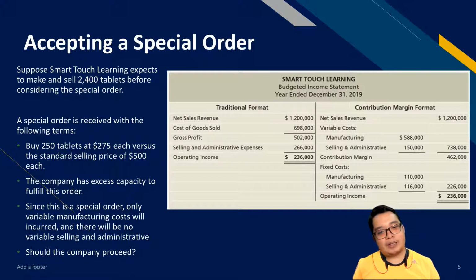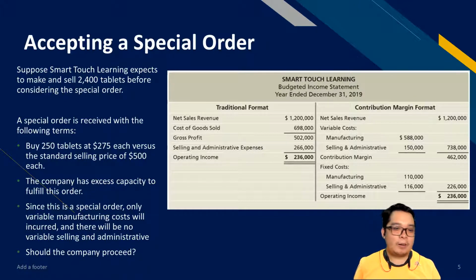Okay? And let's assume that the company has excess capacity to fulfill this order, meaning it still has additional production capacity to produce the 250 tablets. And therefore, accepting this order means there is nothing to forgo in regular sales.